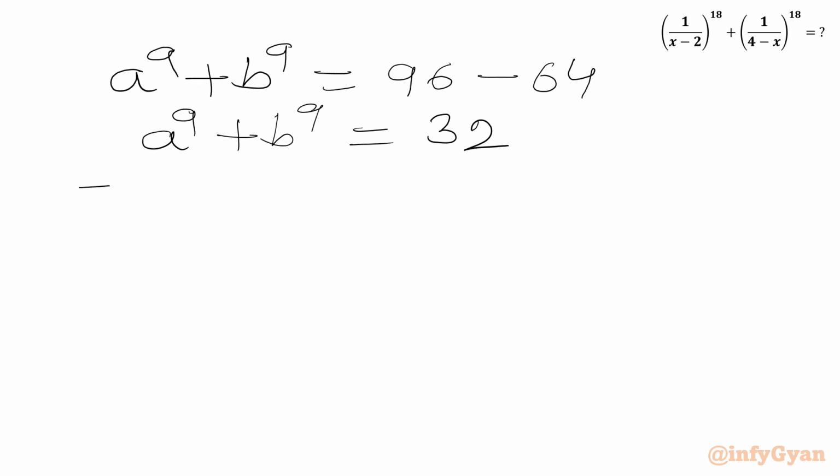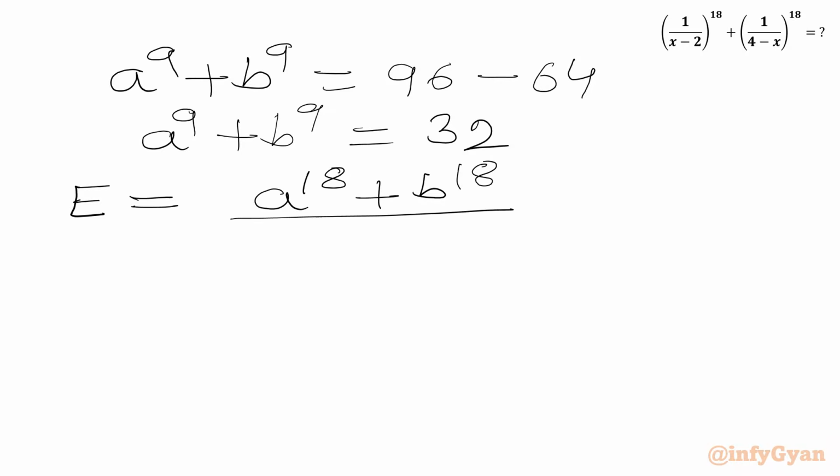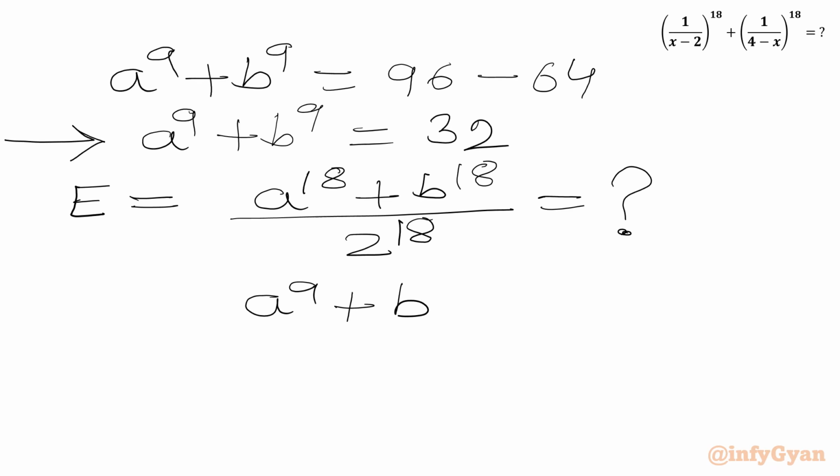Now our required expression was a power 18 plus b power 18 over 2 power 18. So we have to consider squaring this equation once again. We will get a power 18 plus b power 18. So we will write (a power 9 plus b power 9) whole square equal to 32 whole square.